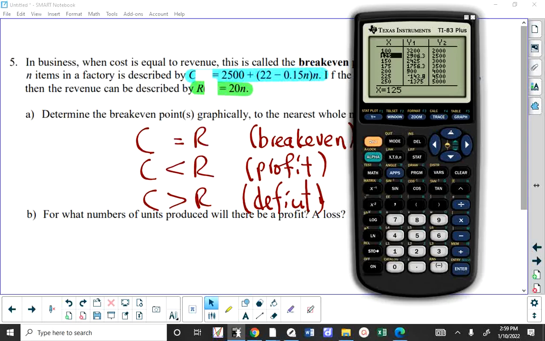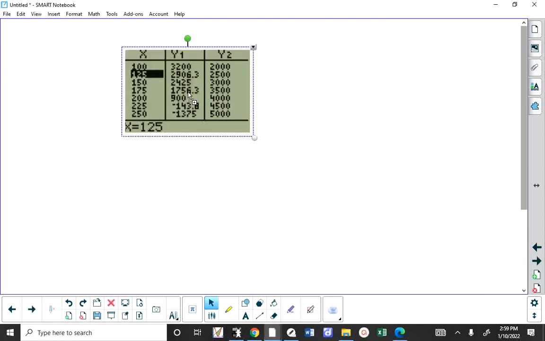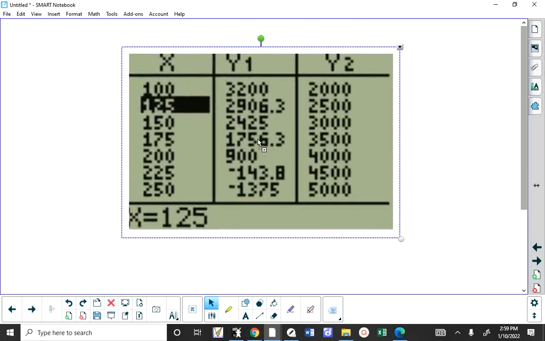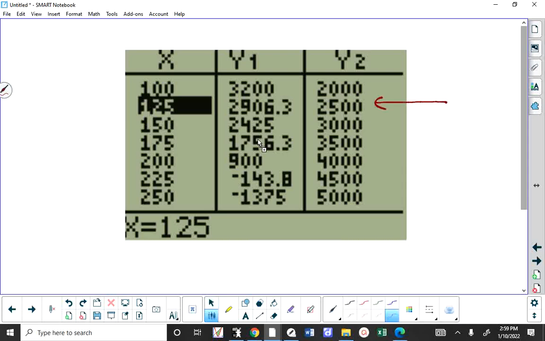I shouldn't be so dismissive. I should take the time to explain this. At 125 items, the cost is bigger than the revenue. But at 150 items, the cost is smaller than the revenue. So it's somewhere between 125 and 150 items.